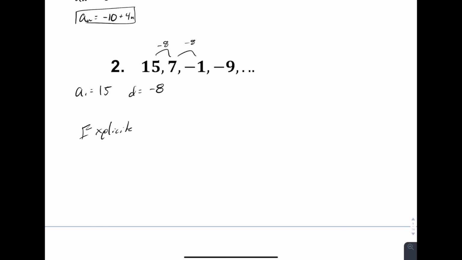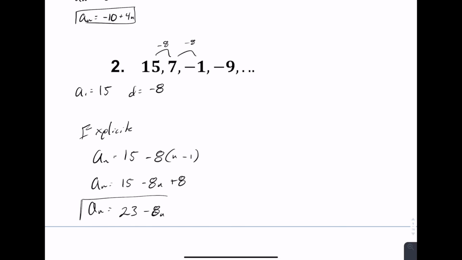This would be an equals 15, and then minus 8 times n minus 1. Normally it's plus d, but of course it's negative. And so distributive property, so you have an equals 15, negative 8n plus 8. So an has to equal 23 minus 8n. That is my explicit formula. Plug in any number and you got it.